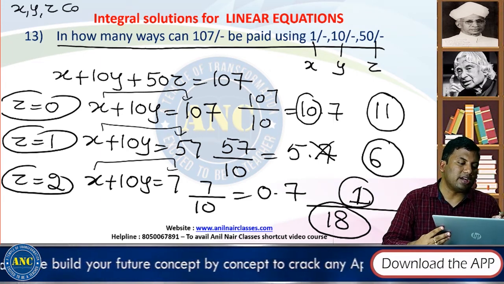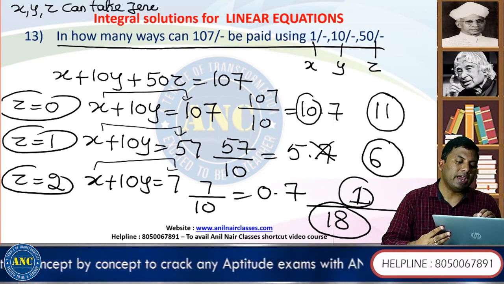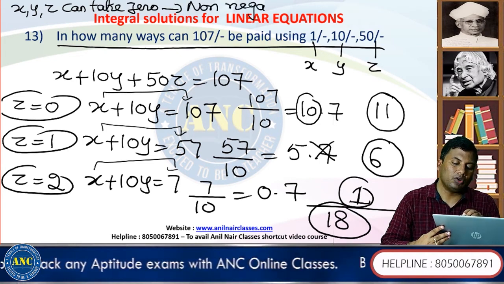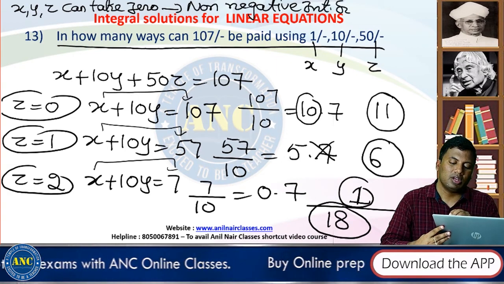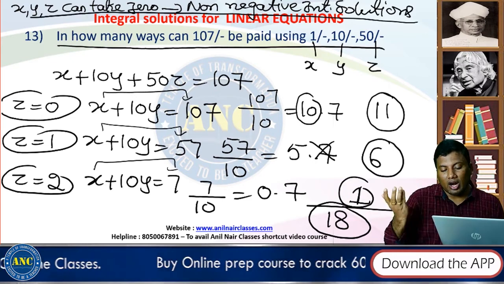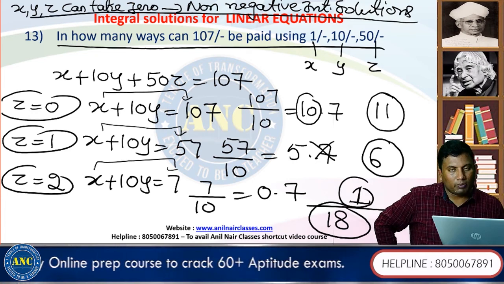Because they can take 0, I have to use non-negative integral solutions, since it is not mentioned that at least one coin should be taken. No coin can also be taken.